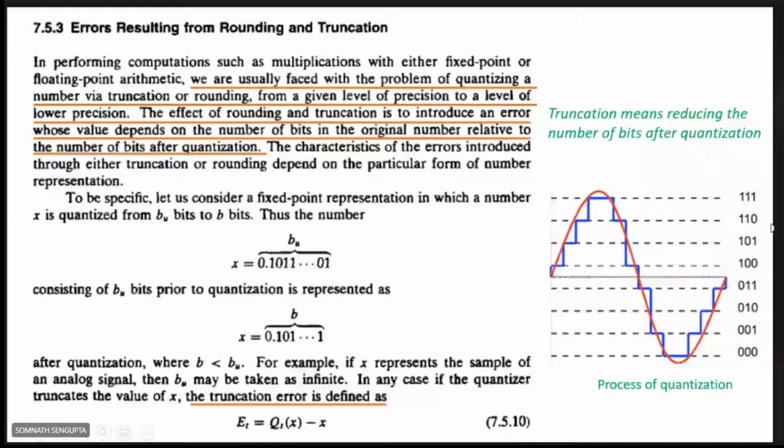Truncation means, initially we have BU number of bits, say for fixed point, and now we want to reduce it to B number of bits.